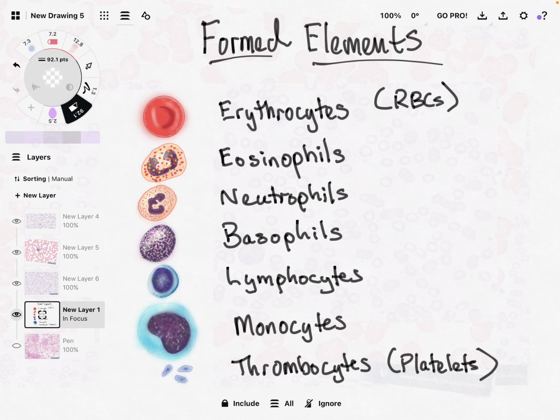Monocytes are very large cells that basically mature into macrophages whenever they get the cytokine signal to do so. And their purpose, as a macrophage, is to phagocytize cells, cellular components, cellular fragments, or other things like bacteria, like you would see with neutrophils. Thrombocytes, these cell fragments, are involved with hemostasis, but they also produce some growth factors that are very important as well.